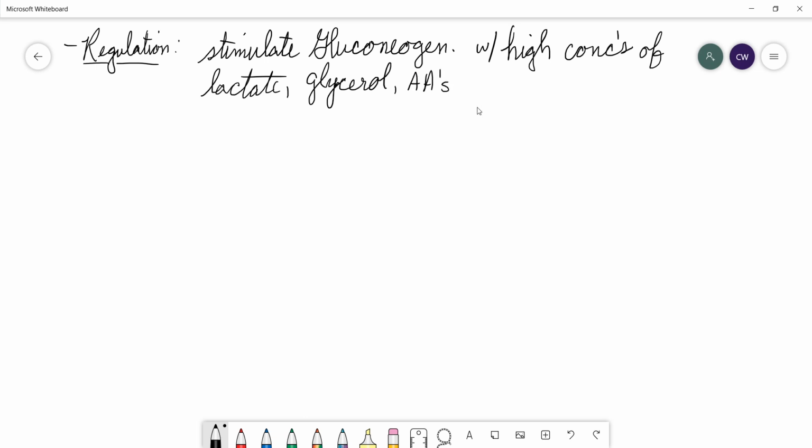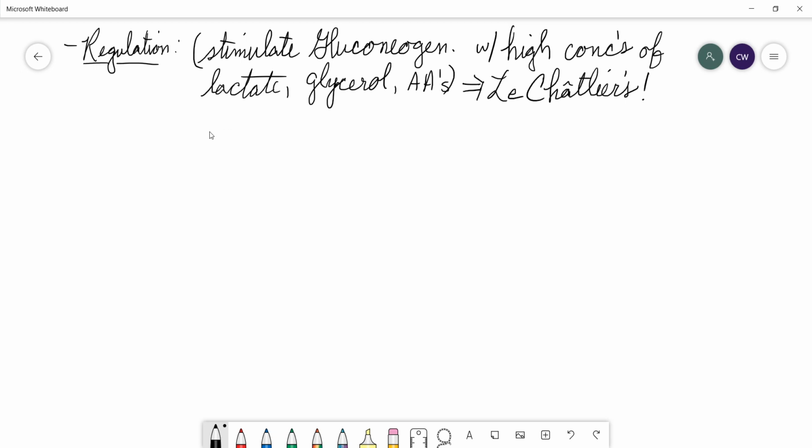And this statement right here is just a restatement of Le Chatelier. So it shouldn't be anything unfamiliar to you.